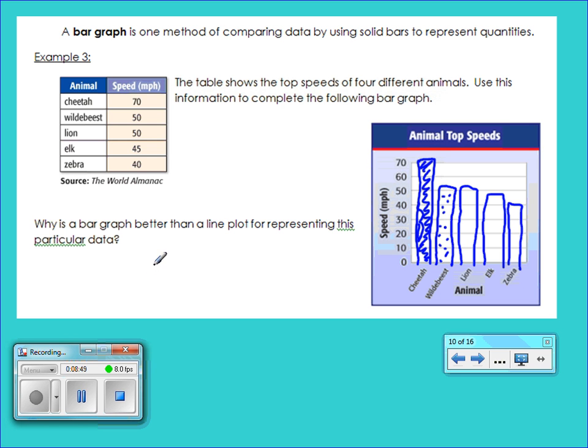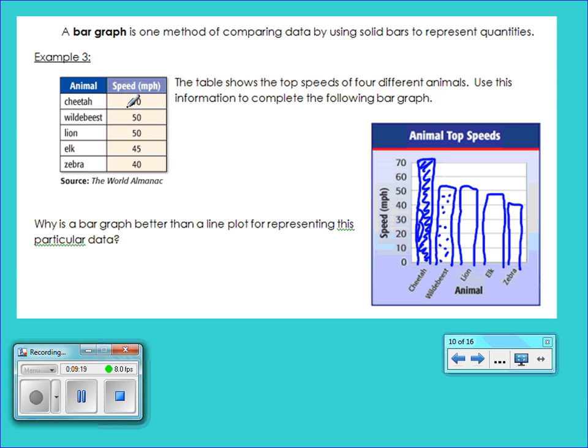Okay. So when we have a bar graph, we've got multiple things here. We've got a cheetah, a wildebeest, a lion, an elk, and a zebra. Are those things all alike? I mean, I know they're all animals, but are they all alike? Are they the same animal? No. Okay, we might do a line plot if we looked at a cheetah and said, when it chased a rabbit, its top speed was 35 miles per hour. And when it chased a wildebeest, its top speed was 70. So then we're comparing the same thing.